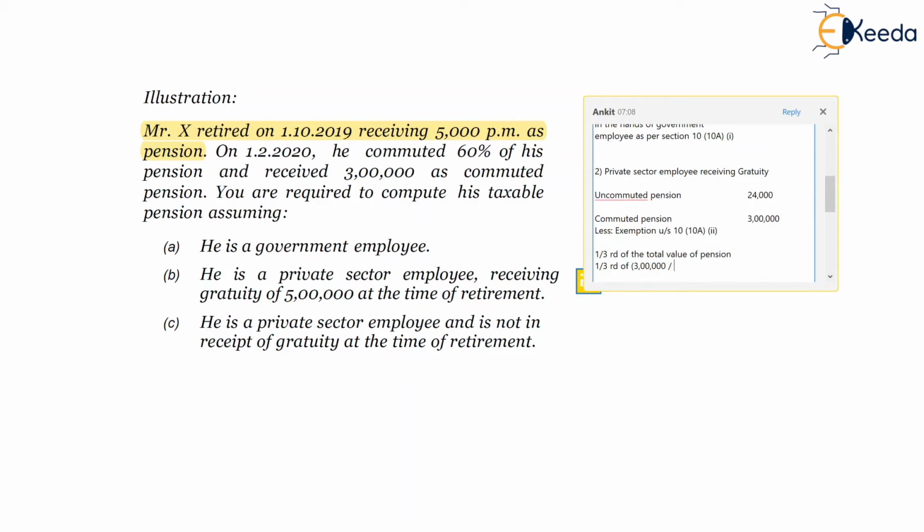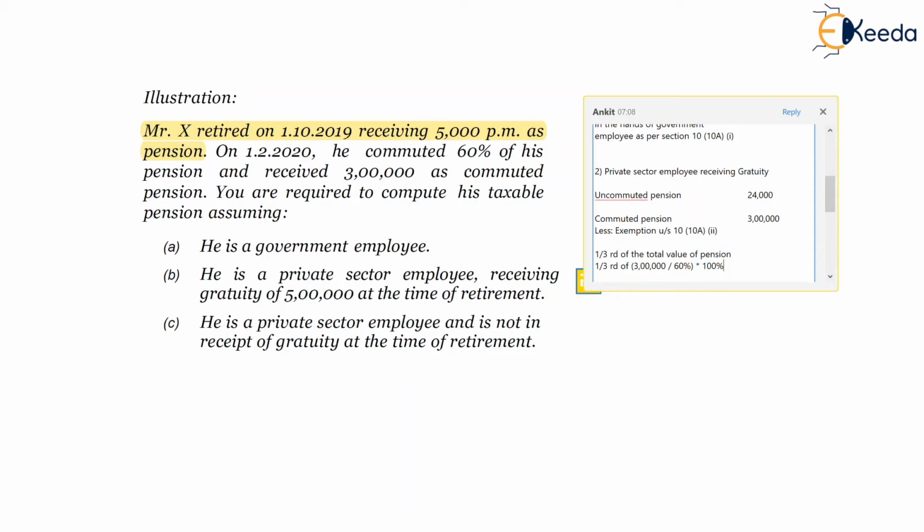divided by 60%, and you can always say into 100%, right? So what we are trying to derive here is, 3 lakh is the 60% value, then what is the 100% value? This is what we have to determine.